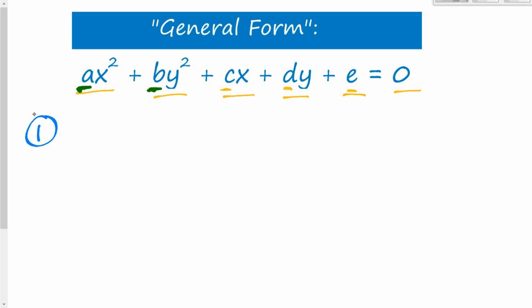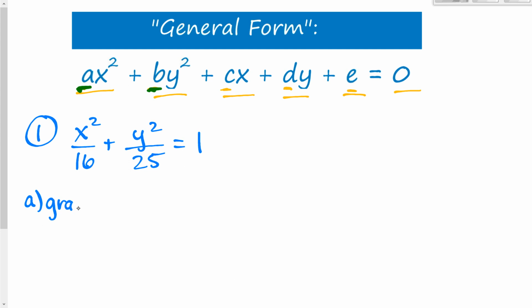So suppose I have this ellipse, x squared over 16 plus y squared over 25 equals 1. We're going to graph it by hand for part A. Okay, so what's the center?